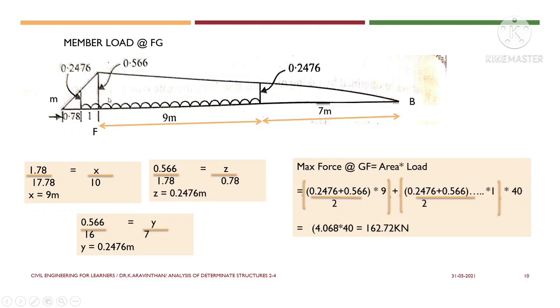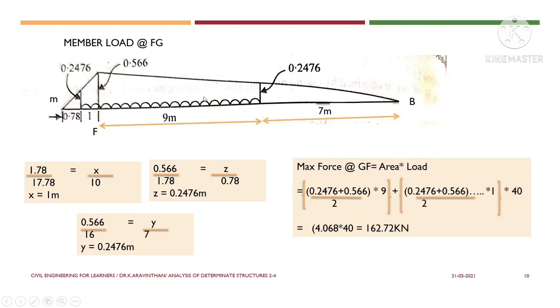This is maximum ordinate and the ratio is total distance is 17.78. So this is 16 and this is 1.78. So totally 17.78. Take this as 1.78 divided by the total distance as 17.78. So this is the influence line ratio.